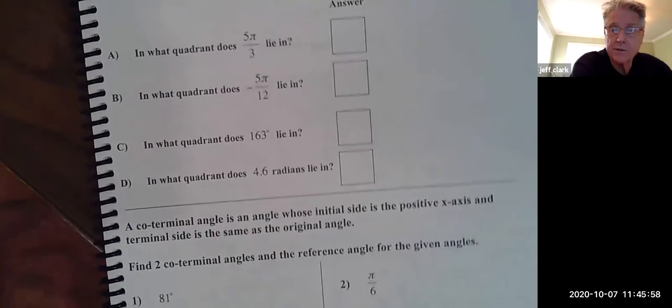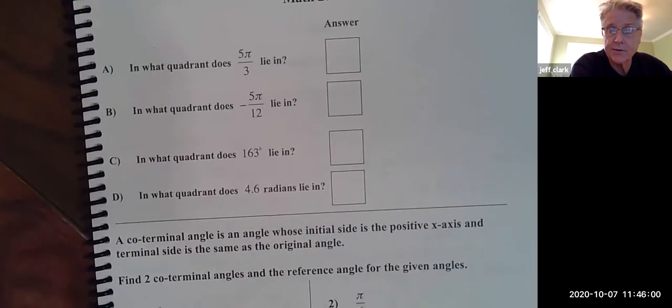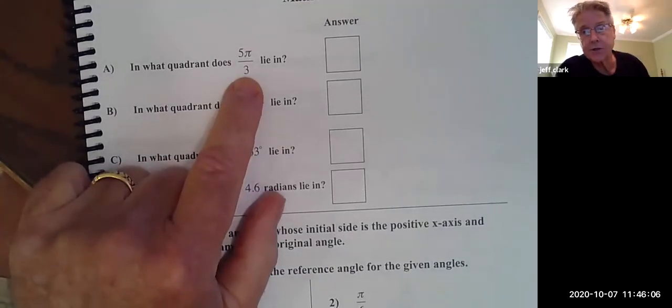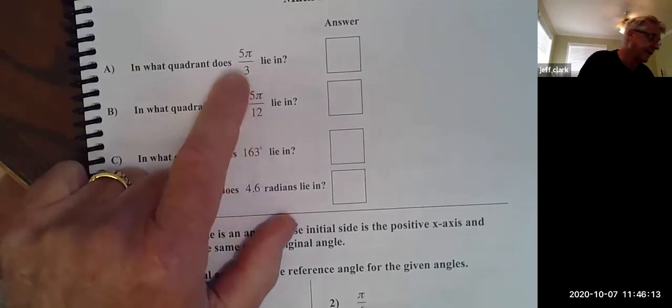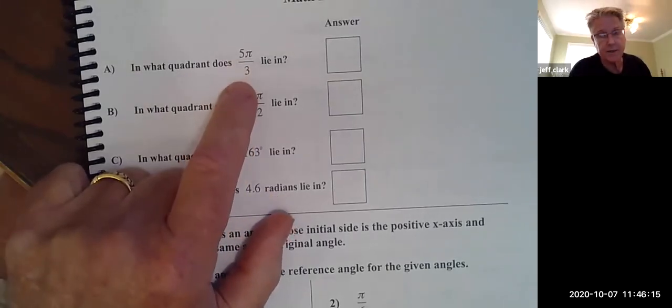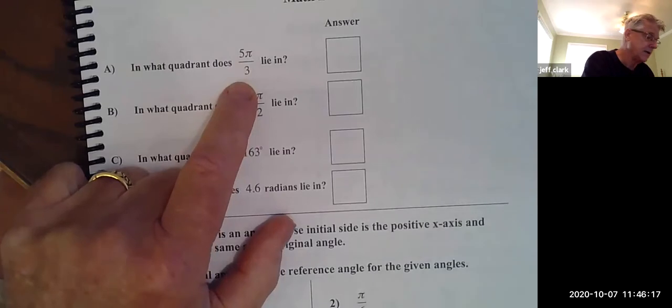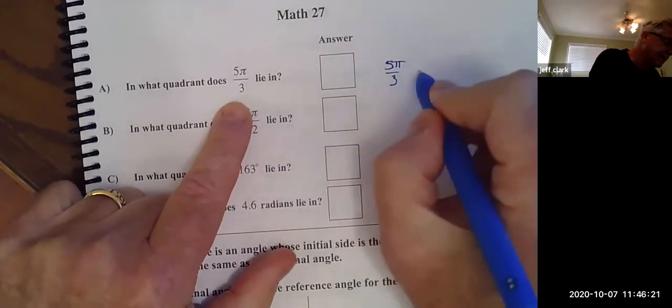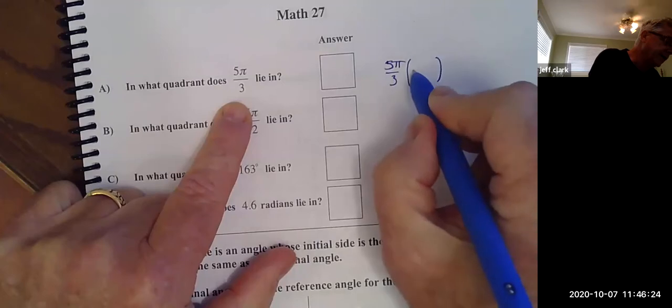Okay, quadrant locations. This is the thing you are going to try to do, and radians are kind of hard, so here's an idea. If you convert this to degrees, it might be easier to identify the quadrant. And that's positive, so it's going to go in a counterclockwise direction. Let's take 5 pi over 3 and turn it into degrees.